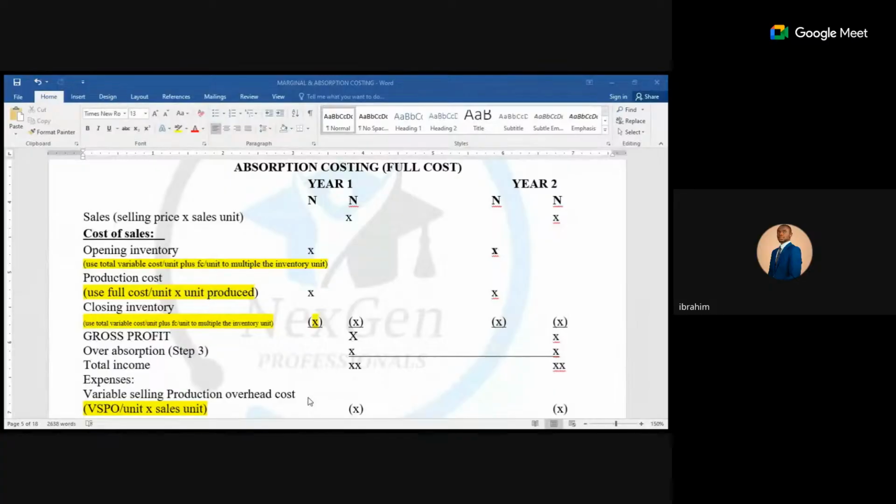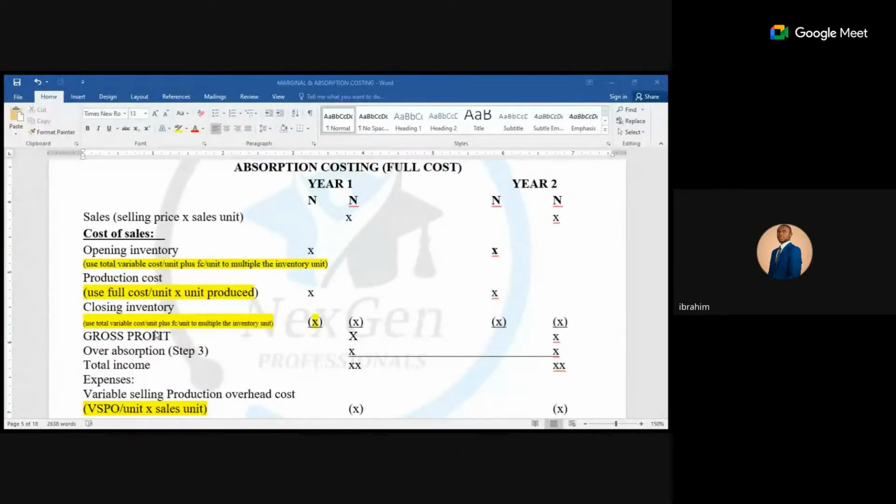Now, production cost is calculated as full cost per unit. Don't forget, this is absorption costing. It is full cost. Full cost per unit times the unit produced. We give you the production. Production cost is your addition of both the cost you incur directly and the cost you did not incur directly.